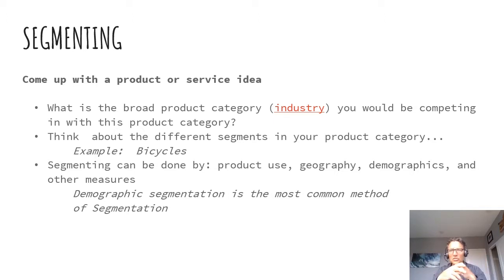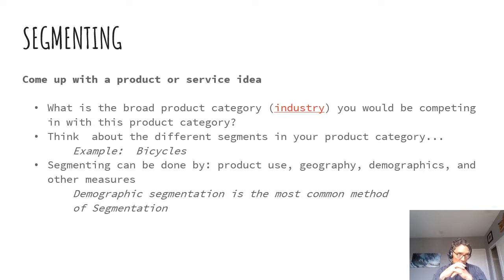There's beach cruisers. So we would think that we'd be segmenting, and that is a form of segmenting. You're segmenting by product type. But more commonly as marketers, when we think of segmenting, we want to segment by type of user. Who's the actual user?